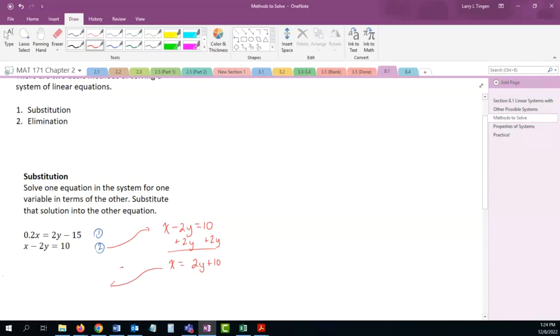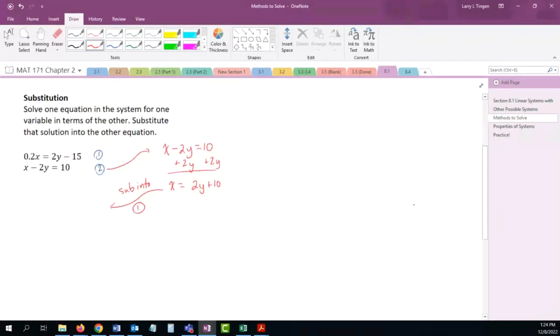Now, I'm going to substitute this into equation 1, because it's the one I didn't use. All right, so equation 1 is 0.2x is equal to 2y minus 15. And what do I know? Well, I know x is equal to 2y plus 10.